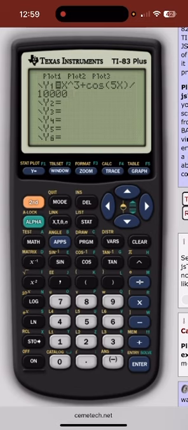Keep in mind that the calculator does know order of operations, which is Please Excuse My Dear Aunt Sally. It does take some practice to get used to using your parentheses and order of operations properly. There are some nuances there, but we're going to go with this.